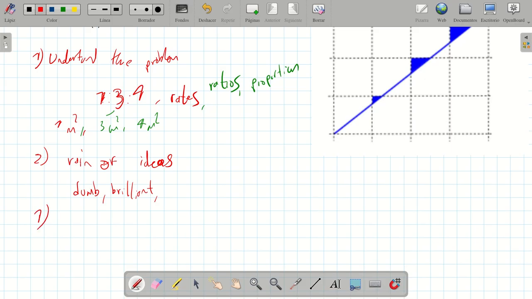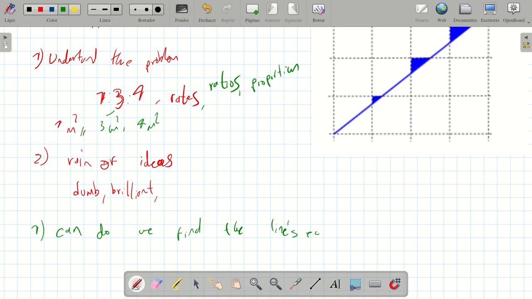So the first idea that I had, let me change the color. So look. My first idea was, okay, can we, or I, or you find the line equation?